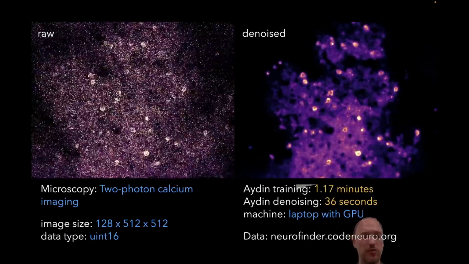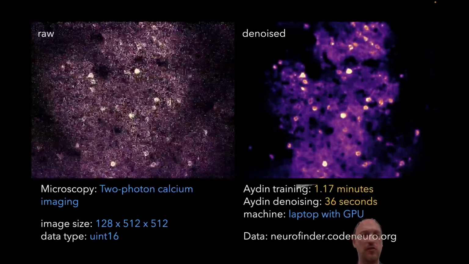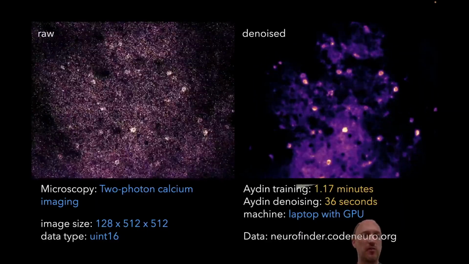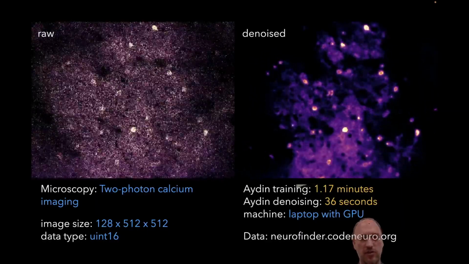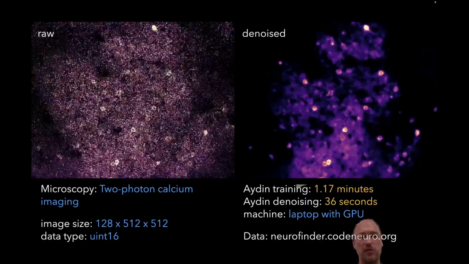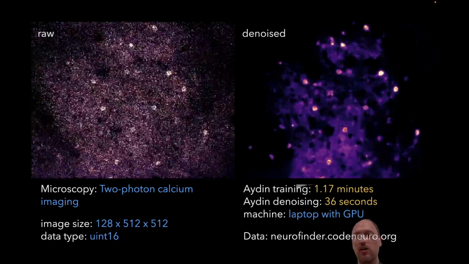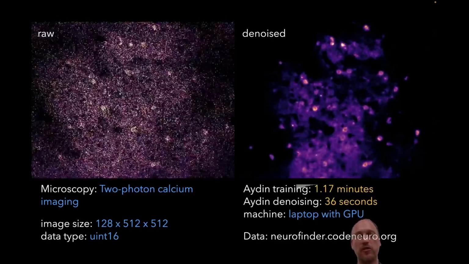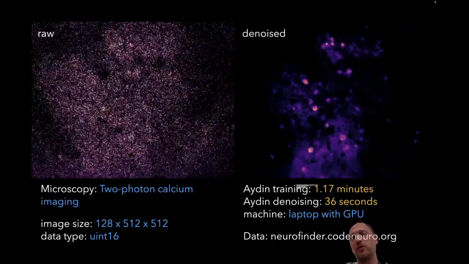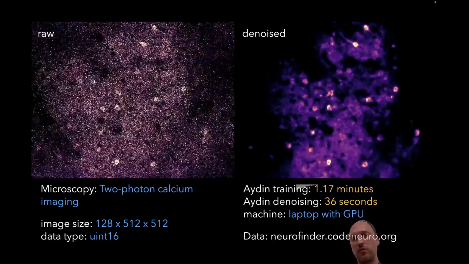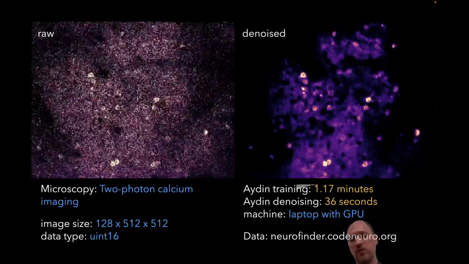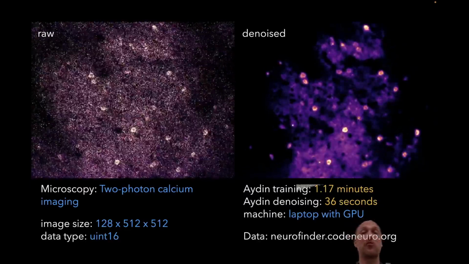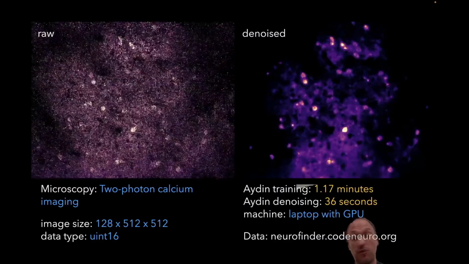Another example where the data is very noisy is typically found in 2-photon calcium imaging. Again, a fairly large 3D stack, 128 by 512 by 512. And again, on a laptop with GPU, you can train an Aydin model for denoising in less than 2 minutes, and then in 36 seconds you have the image denoised, or you could even denoise more of such similar images in, again, just 36 seconds.